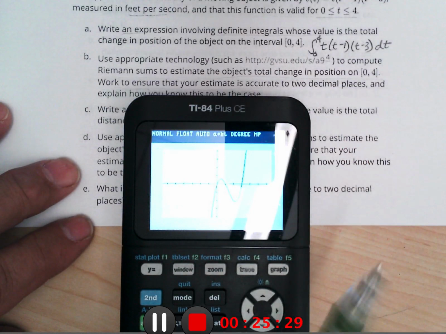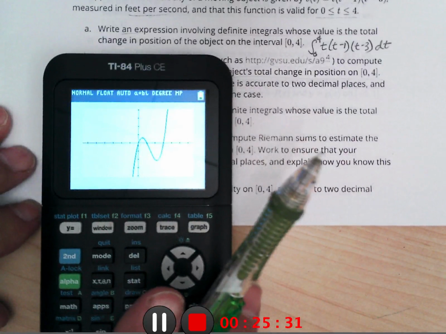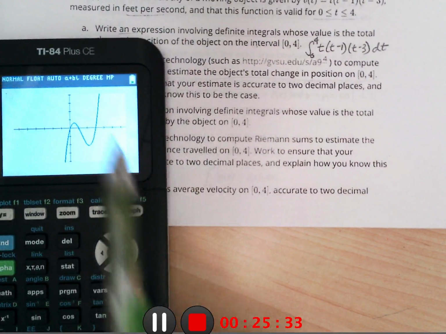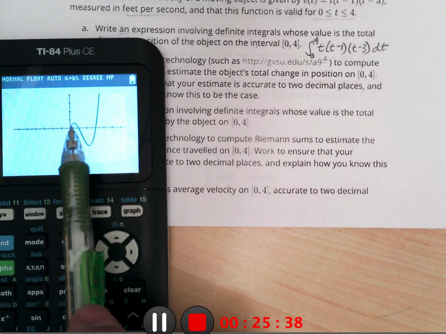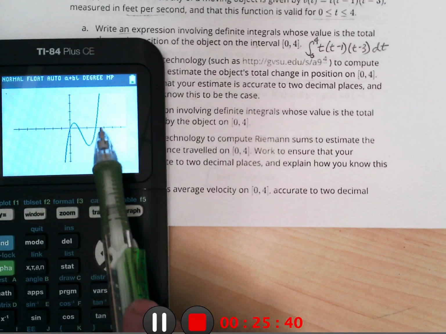So let's see if I can get that where it's not reflecting so much. So we want to know the area under from 0 to 4. So we have some positive area, a bunch of negative area, and then some positive area.